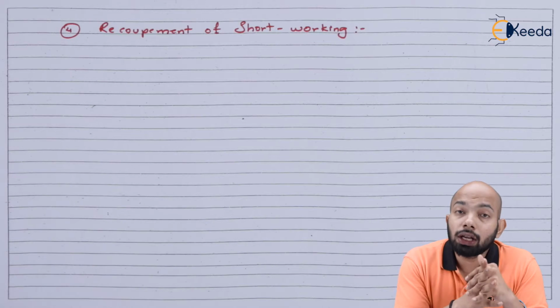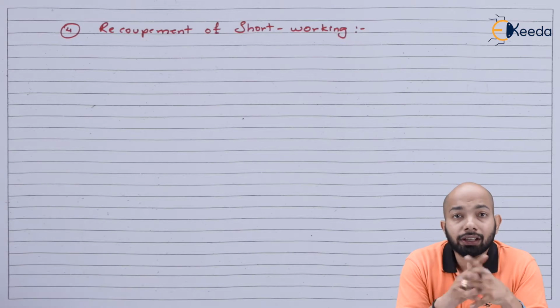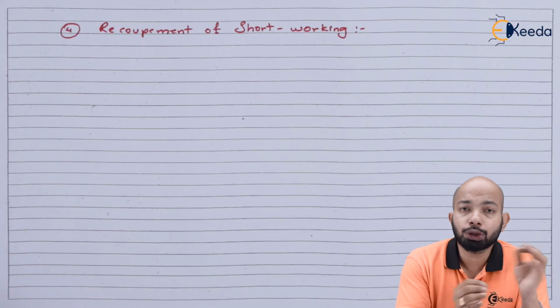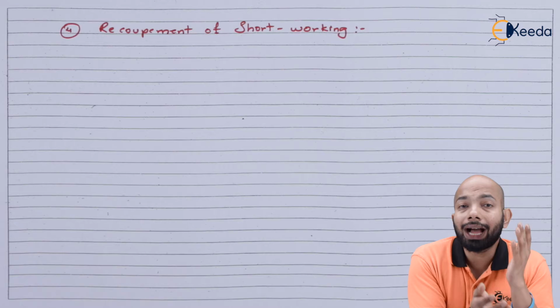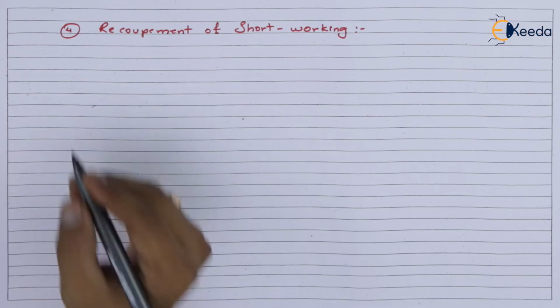Now, the last terminology that we have to discuss here is the recoupment of short working. Recoupment basically means adjustment of short working. Whatever short working we have gone through, we need to adjust that short working.